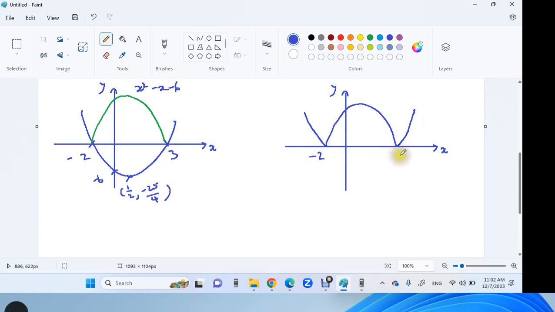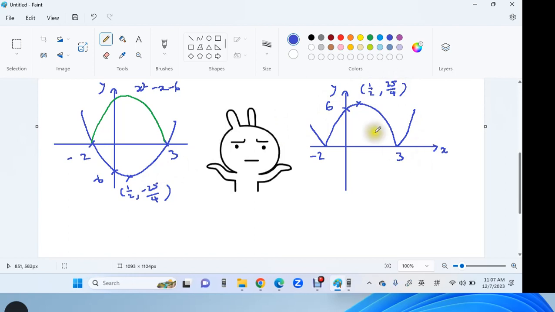This is -2, 3. This is -6; modulus becomes 6. And this is 1/2; modulus, it will become 25/4. So this is how the shape looks like. The shape is something like this.